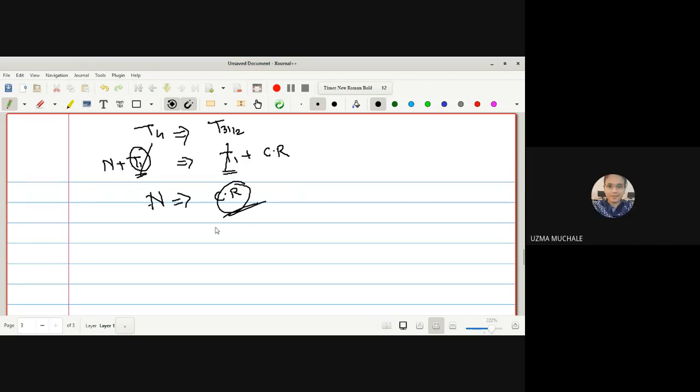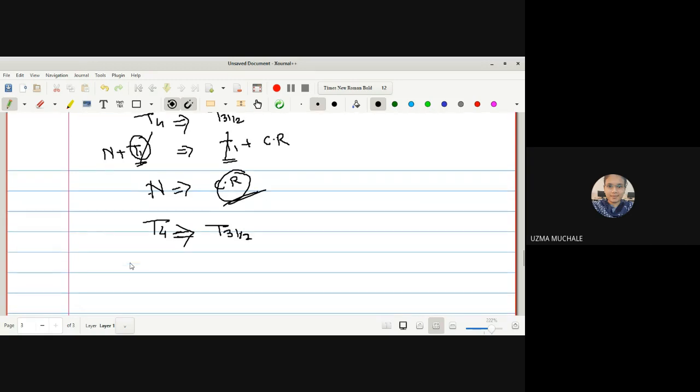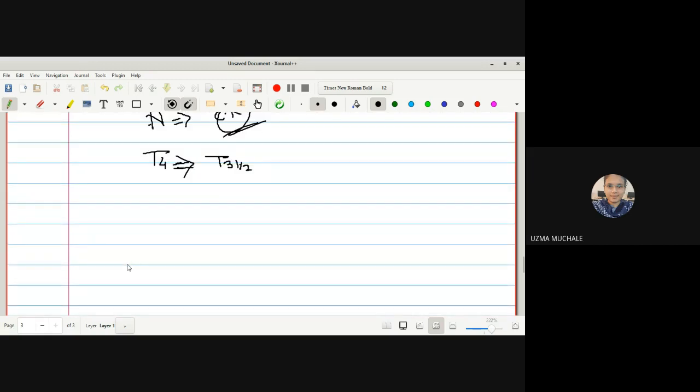Okay, let me repeat once again. What is given to us? It is a T4. We have been provided that it is a T4 space. What is our aim? To prove that it is a T3 half space. So first we will see what is T4 and what is T3 half space. T4 is T1 plus normal. This you should remember, because every time I am telling you to remember whatever we have seen in the last lecture. What is T3 half?